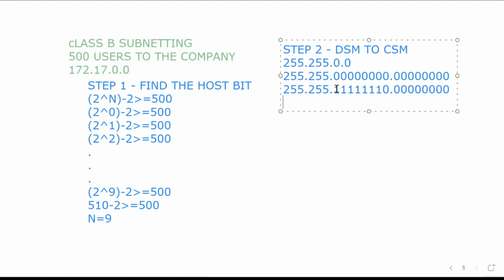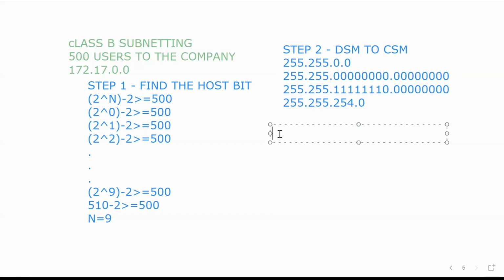Then let me convert this binary to decimal again: 255.255.254.0, right?